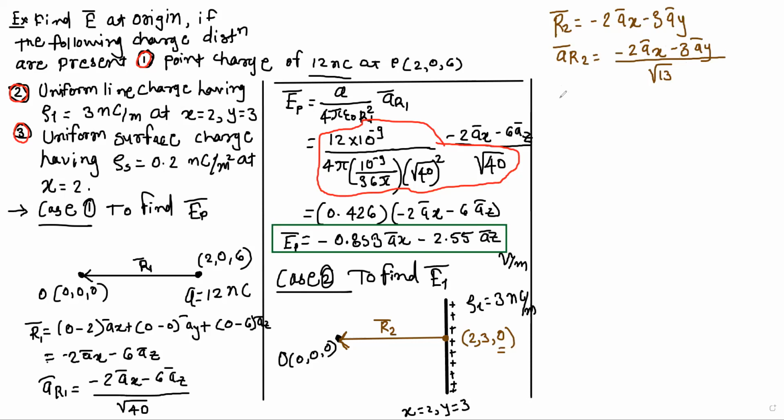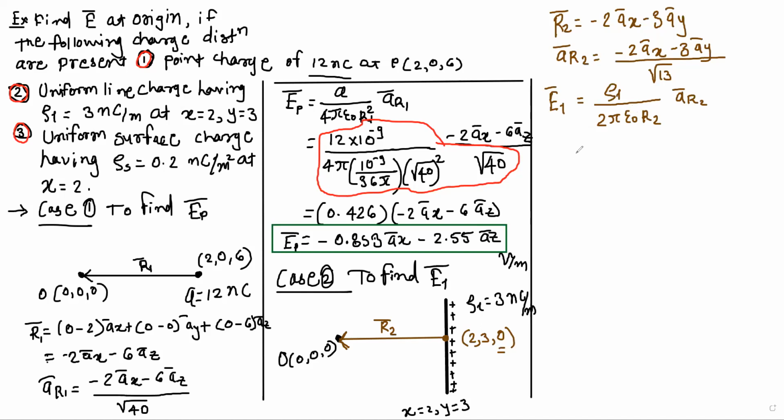Now you can write the formula for electric field intensity at that point because of line charge. What is the formula? EL bar is equal to rho L divided by 2 pi epsilon naught R2, into a bar R2.